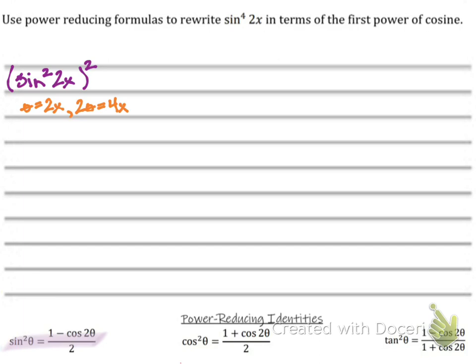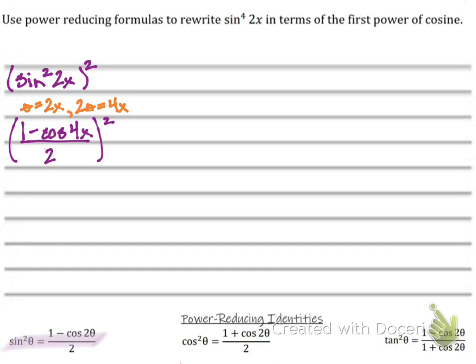So when I put this into the formula, I'm going to have 1 minus the cosine of 4x, because that's 2 theta, over 2, and I need to square it. You okay?